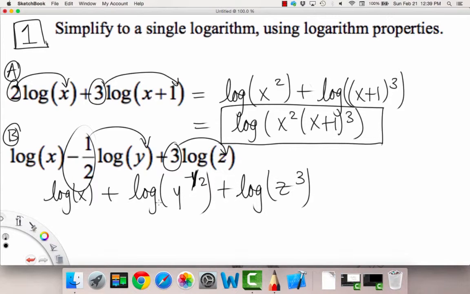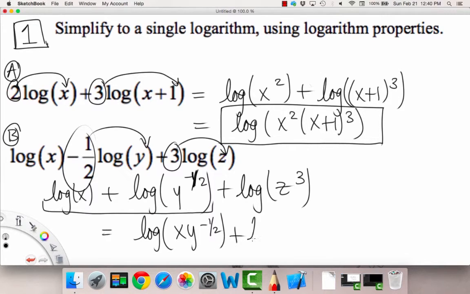Since we have all of these being added together, we can use the sum property of logs and multiply everything inside by each other. Let's do it with the first 2 terms. This gives us log of x times y to the negative 1/2 power plus log of z to the third.